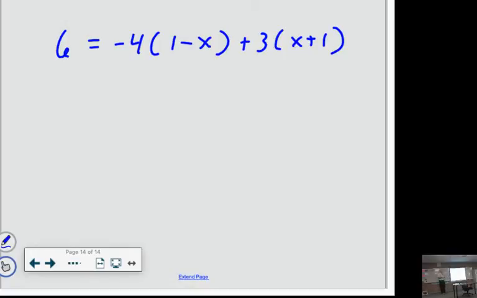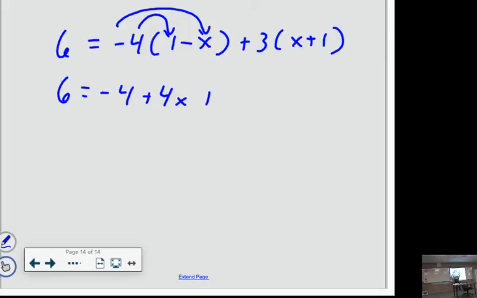There are none. Combine like terms. There are none. Ooh, that distributive property, look at it sneaking in, the step I always forget to mention. So I'm going to distribute, because multiplication distributes across addition or subtraction. I get 6 equals -4 times 1, which is -4. -4 times x is positive 4x. And then 3 times x is 3x. 3 times 1 is 3.